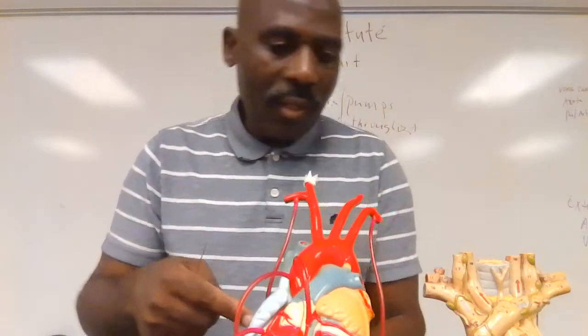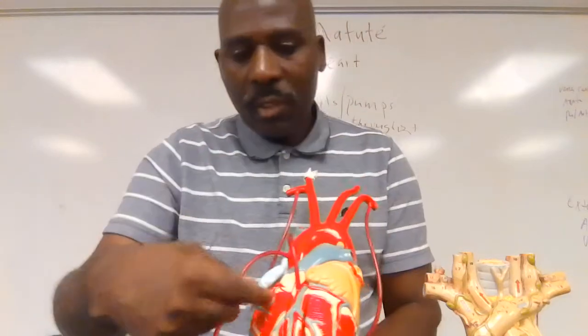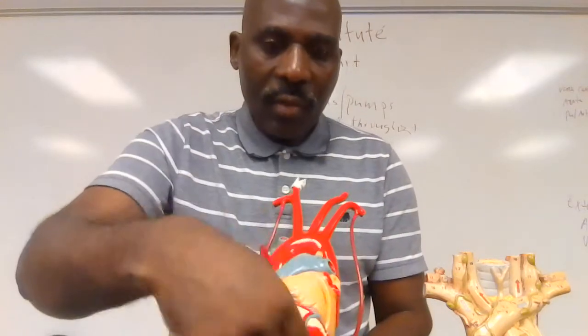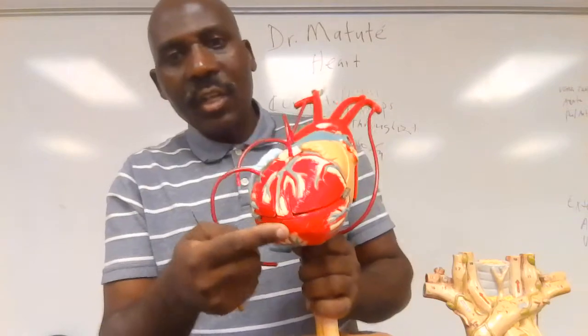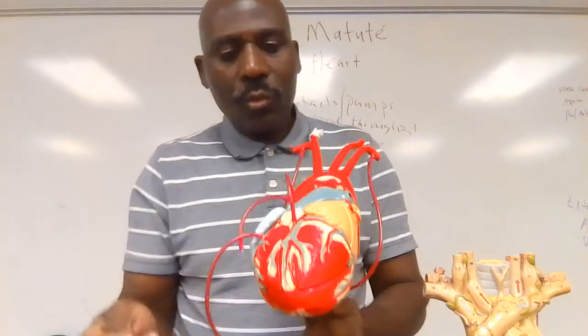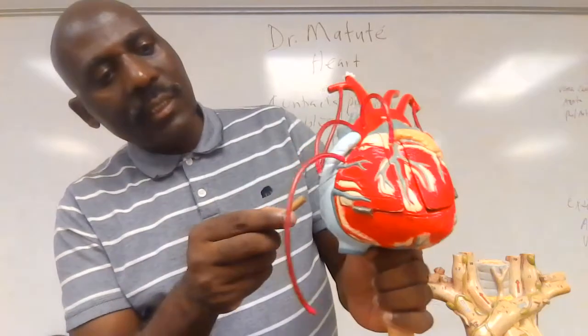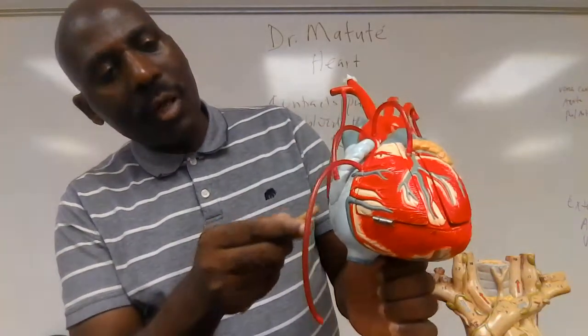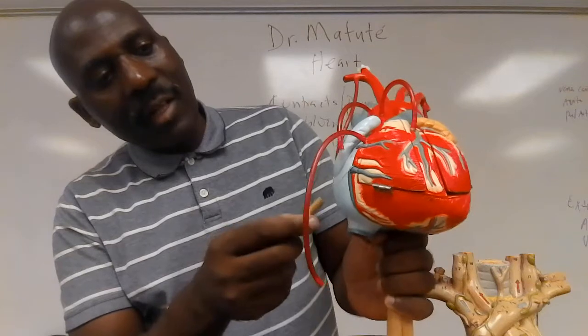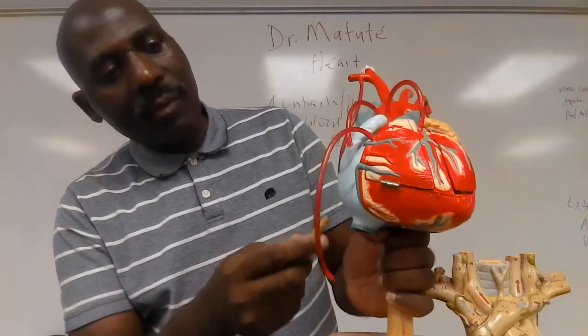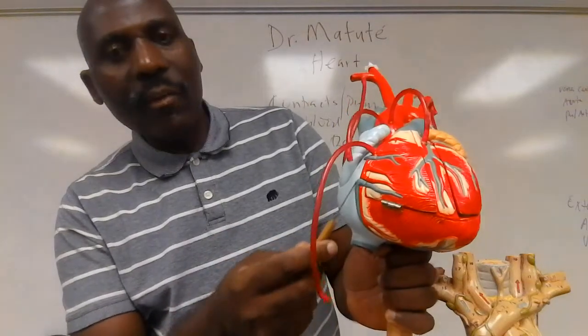This is the right atrium, this is the left atrium, right ventricle, left ventricle. This is the apex here, curved a little bit to the left. And then here, this is a coronary artery, and this will be a coronary vein or cardiac vein.